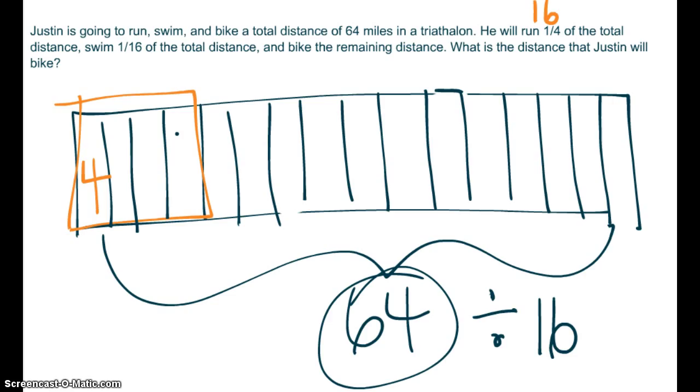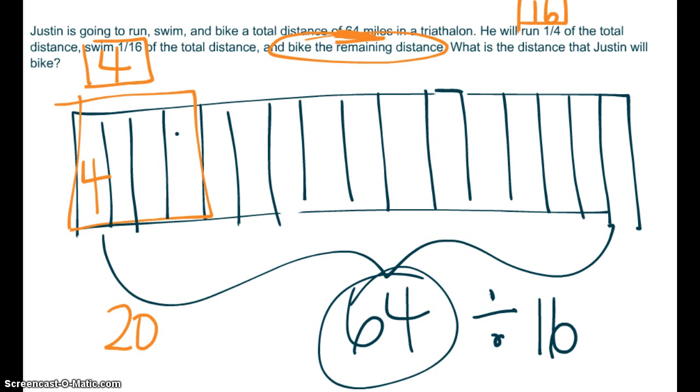So 1/16 is 4 miles. And then he's going to bike the rest. Well, if he's already gone 16 and 4, 16 plus 4 is 20. So let me write that down. Now our total distance for the triathlon is 64 miles. If I take 64 and subtract out 20 miles, I should get 44. So he is going to bike the remaining 44 miles.